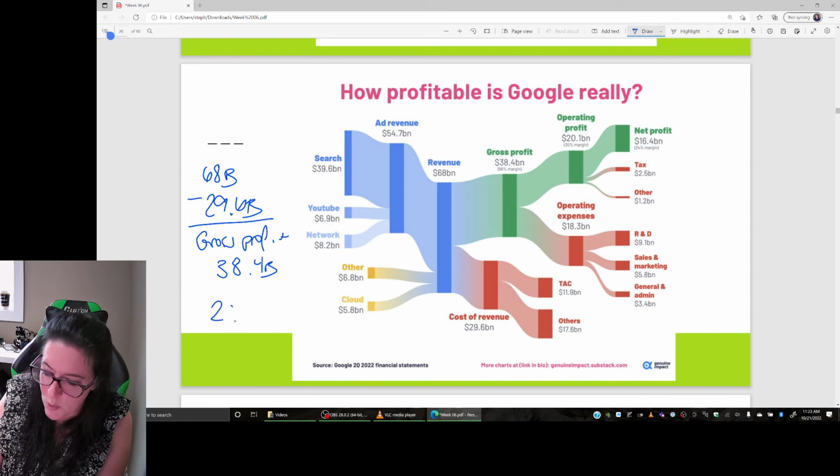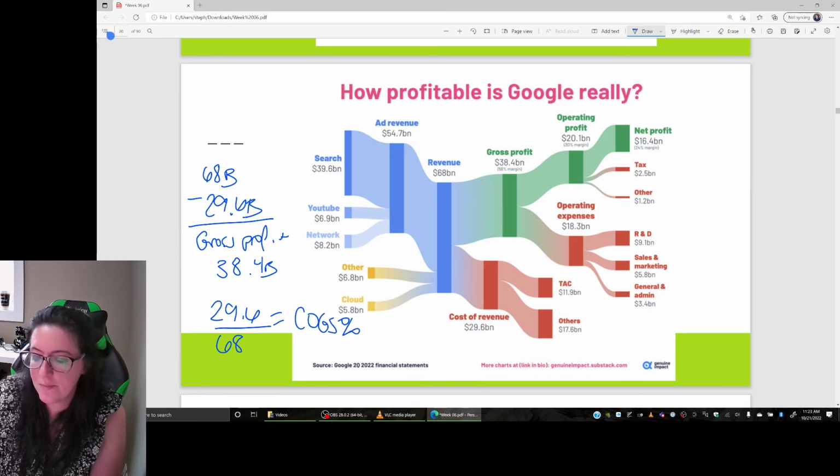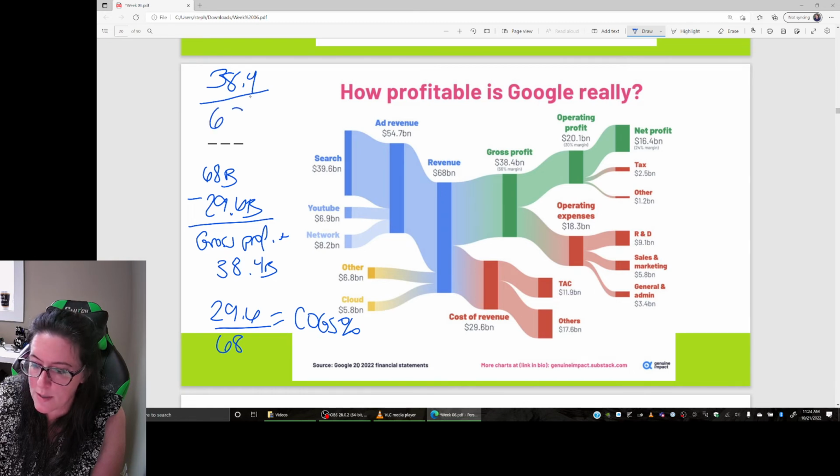If we took 29.6 divided by that 68 billion, that would give us what? That would give us our cost of goods sold percentage. Okay. And we can find our gross margin by taking our 38.4 billion, dividing it by our 68 billion. That gives us our gross margin, which here is about 56%.